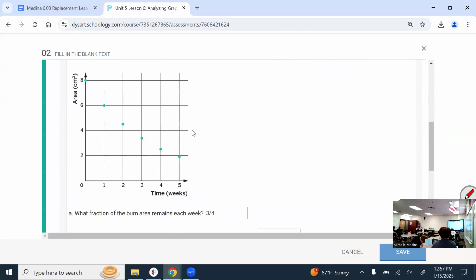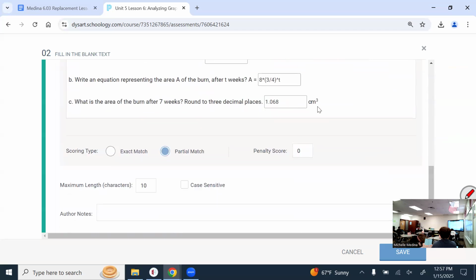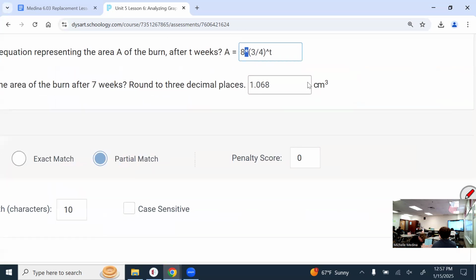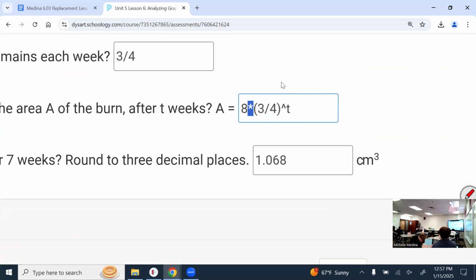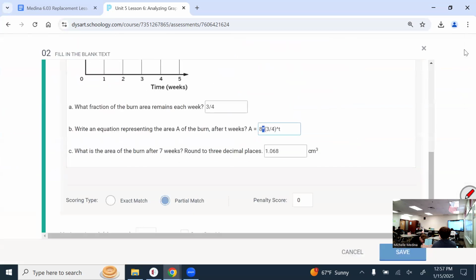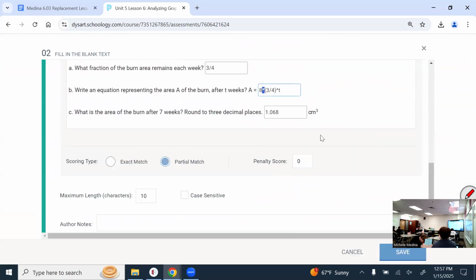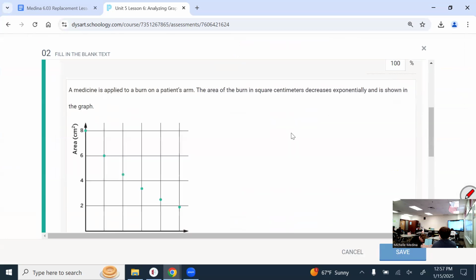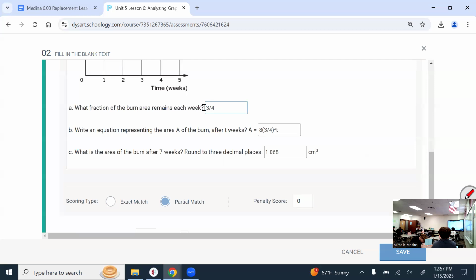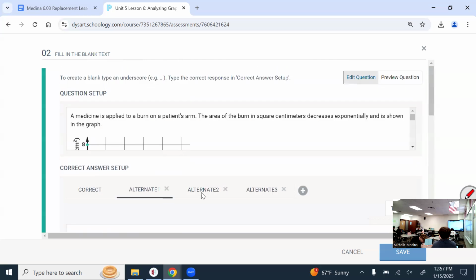Let's see what other alternate ways you could have written it though. Sometimes this button, the star, they'll use as multiplication. I would avoid that. I think just use parentheses. What else could it accept? Same exact thing I wrote earlier.